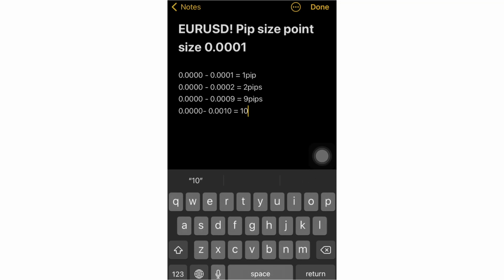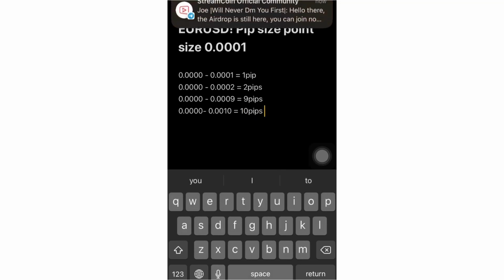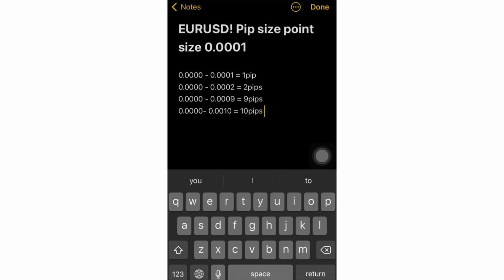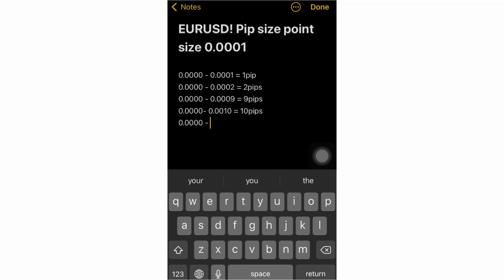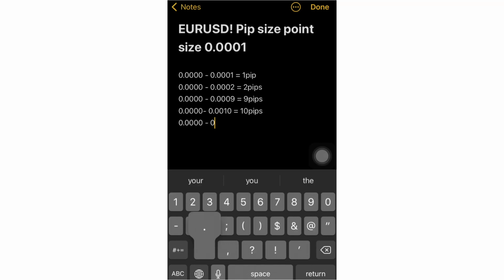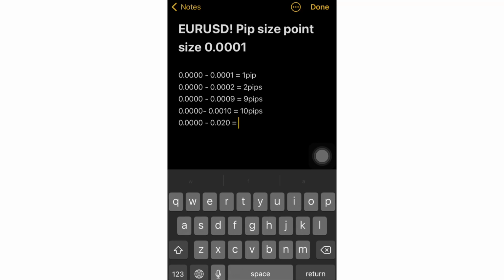Can you see how the structure is coming out, like the movement? So that's how it's going to go, up to 0.0020. If it's 20, that's a 20 pip movement. Sorry, I made a mistake here.